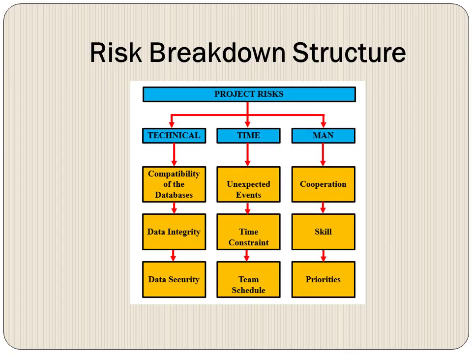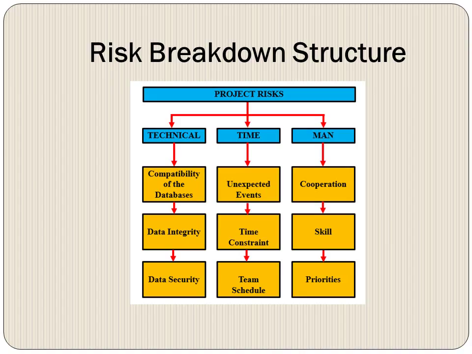With regards to our risk breakdown structure, we have divided it into three. The first one is the technical part. In the technical aspect, we have considered the compatibility of the databases and the data integrity, of course, the data security.